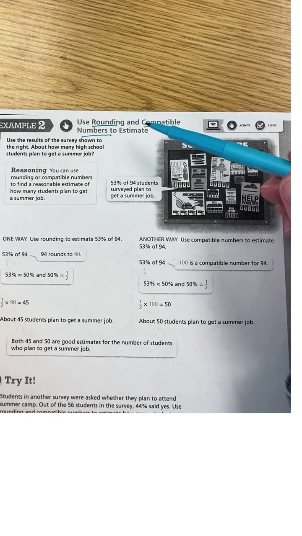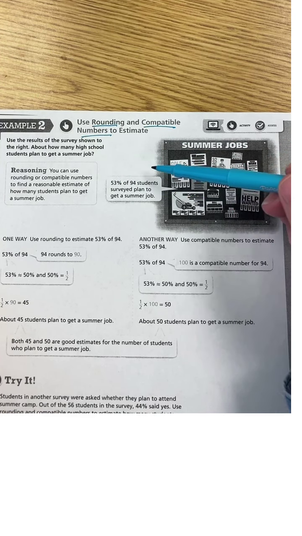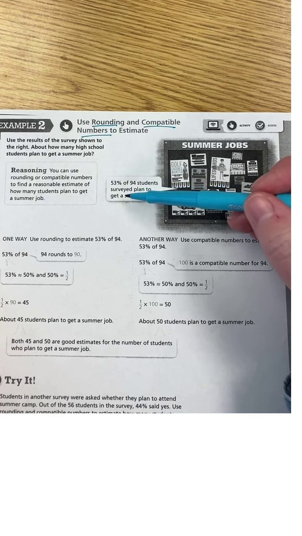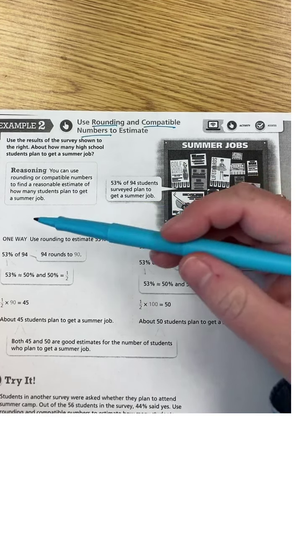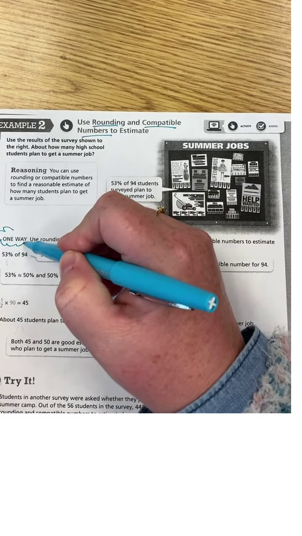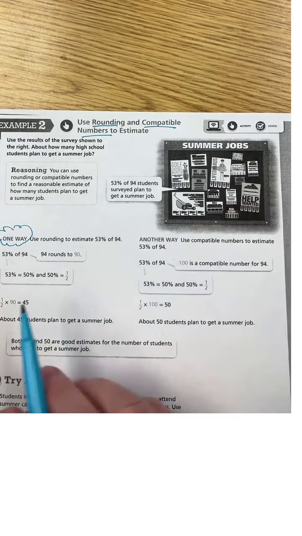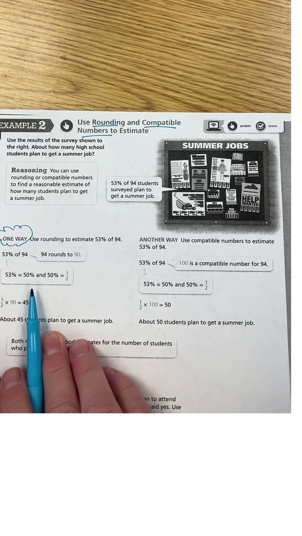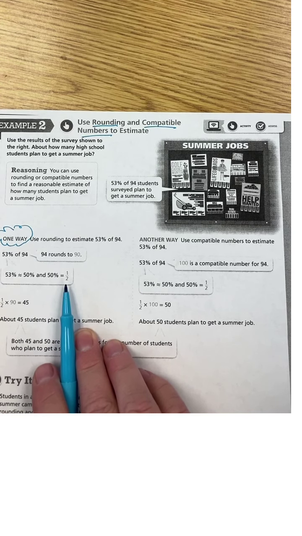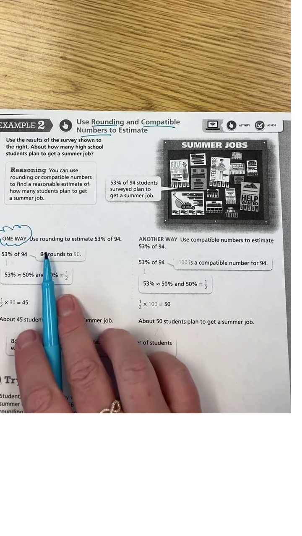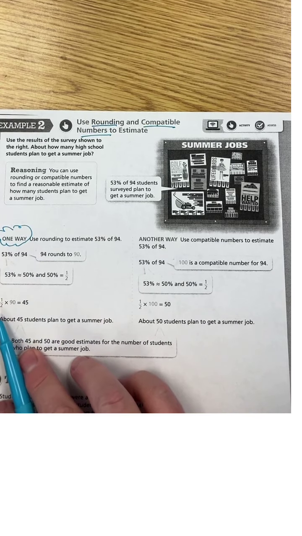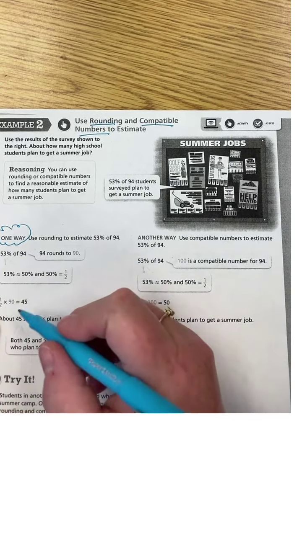On this one, we have 53% of 94 students surveyed plan to get a summer job. So one way that we could do this is by rounding 53% of 94. So 53 is about 50%, so about half of, and we can round the 94 to about 90. So about half of 90 would be 45.